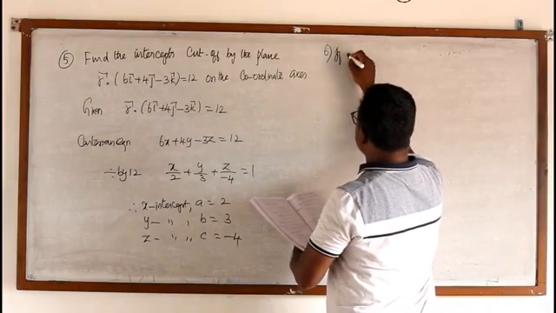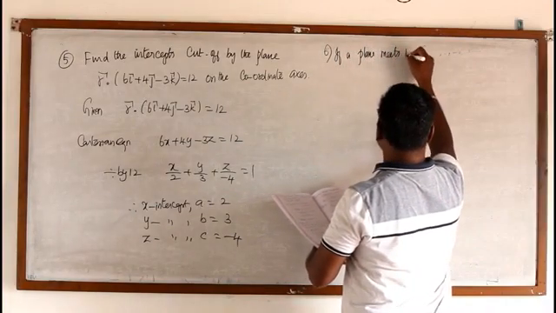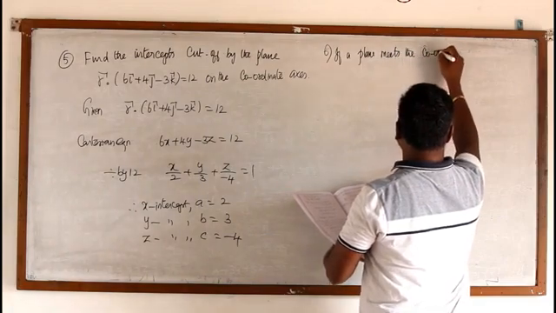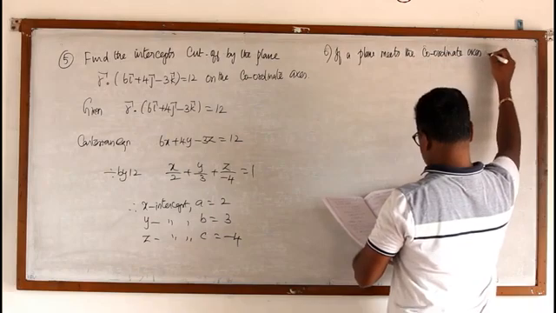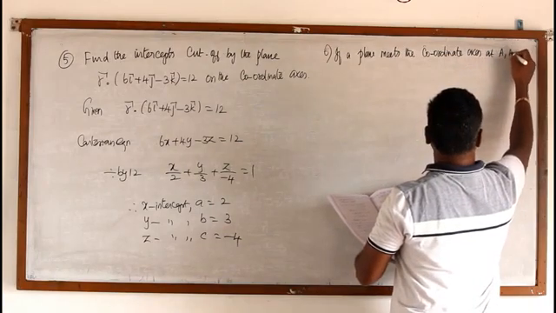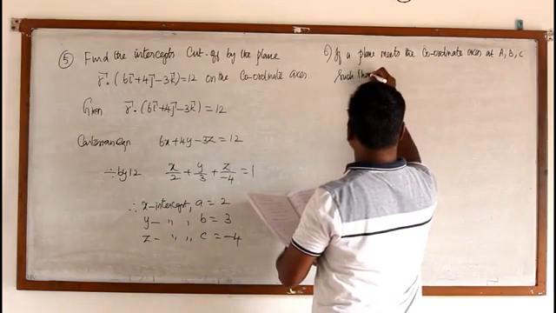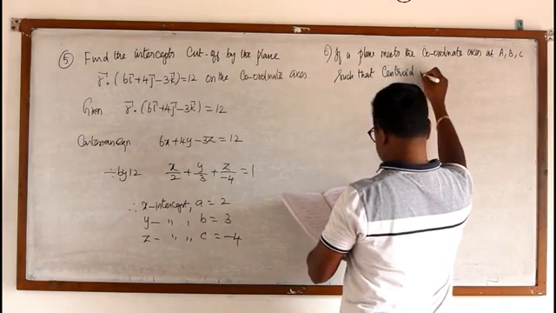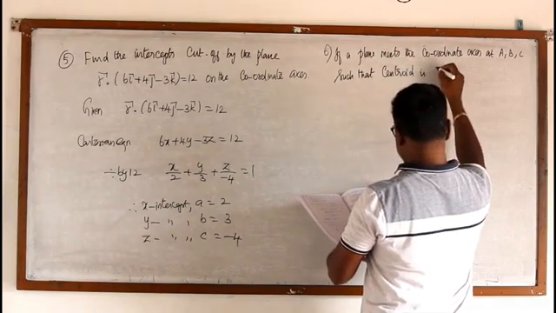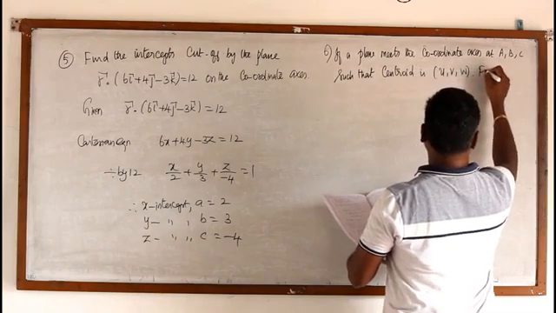If a plane meets the coordinate axes at A, B, C such that the centroid is (u, v, w), find the equation of it.